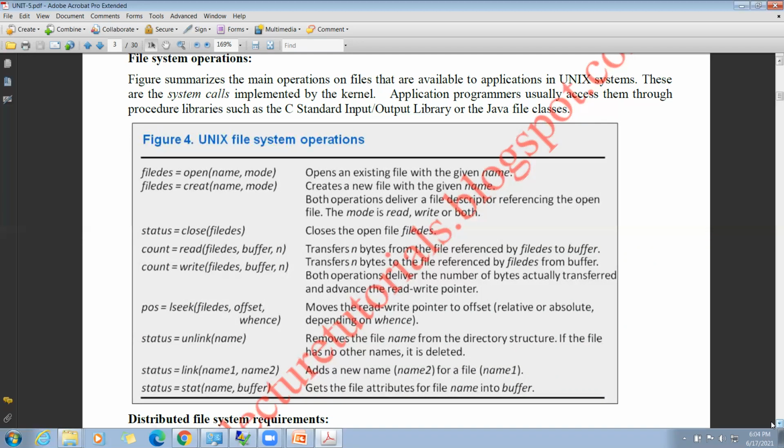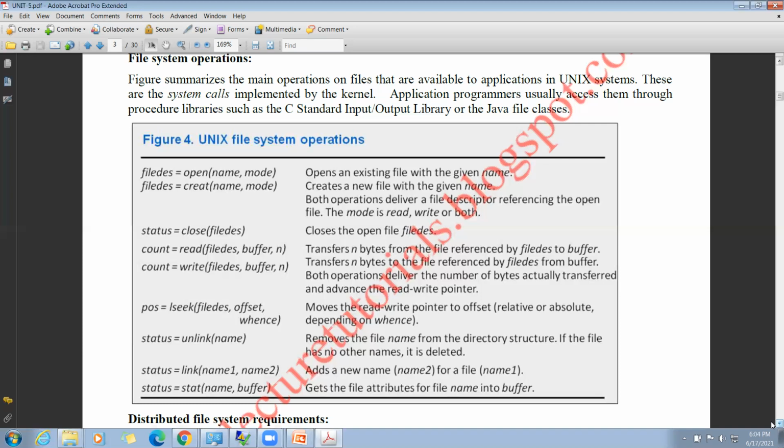The first one, open name comma mode. That means open the existing file with the given name. Okay. Second one, create name comma mode. It will create a new file with the given name.